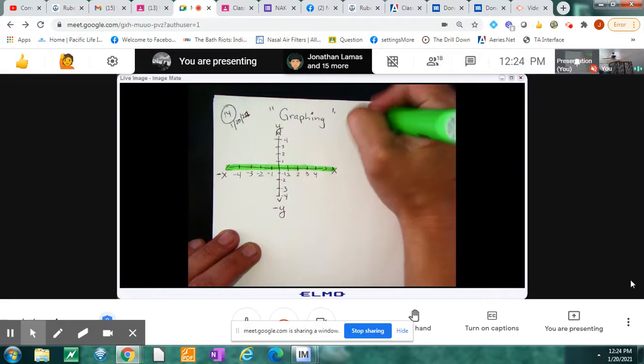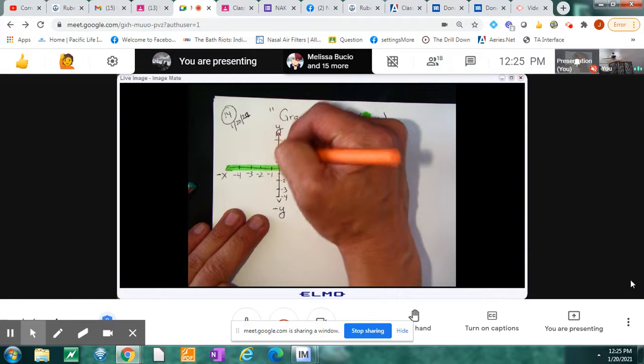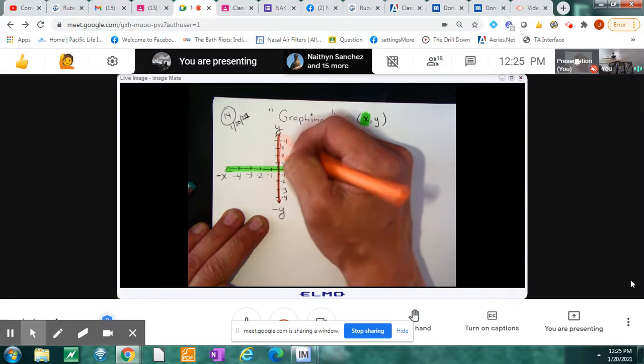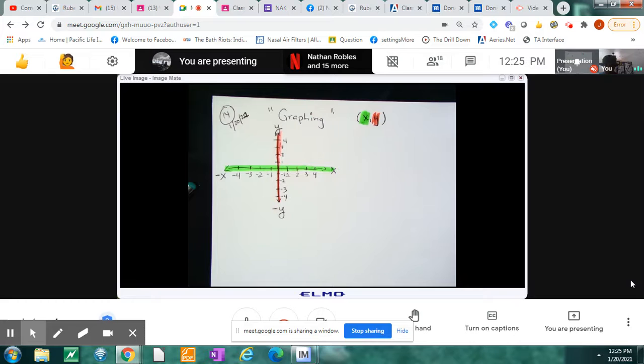Once you're on that, don't put a dot. You go up or down and look for the y, which on this one is going to be orange. Okay, so far so good.